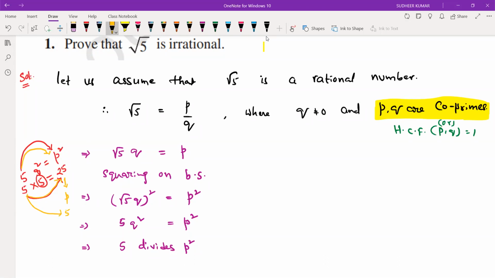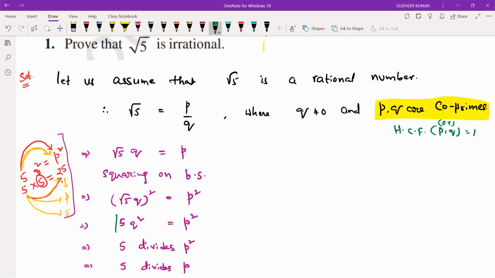Yes. When 5 divides P square, then 5 divides P or not? It will divide. You understand? So you need not write this step; this is to make you understand. That's it. So we can write 5 divides P.